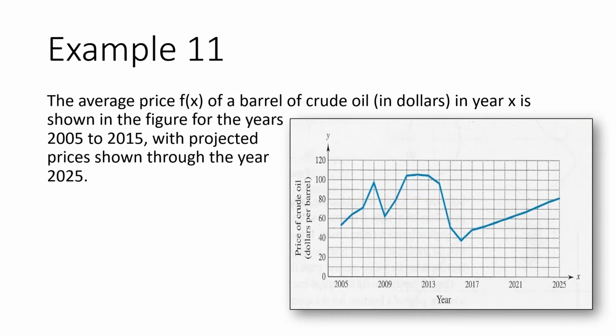In this graph, the average price f of x of a barrel of crude oil in dollars in year x is shown in the figure for the years 2005 to 2015, with projected prices shown through the year 2025.